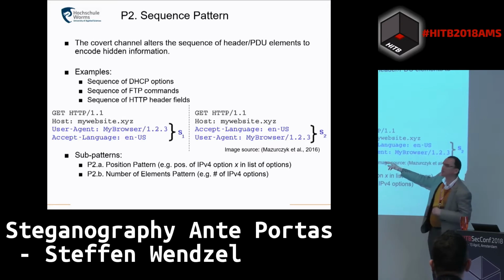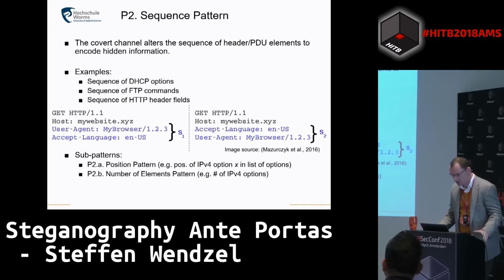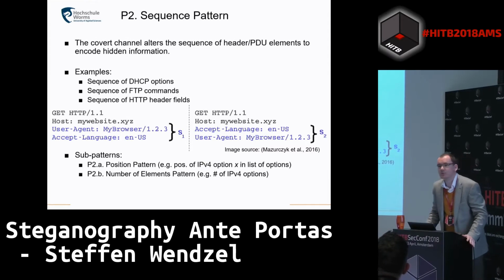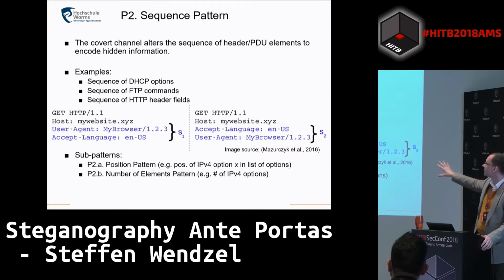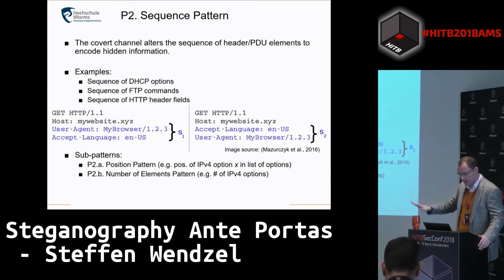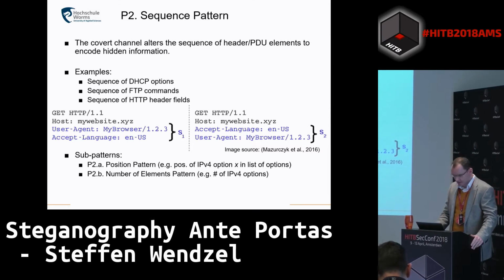This way we can signal different covert signals. Works well, was I think already proposed in 2006 or so. So all that I show you here, in terms of these patterns, is work done by several people. You find it in the references.